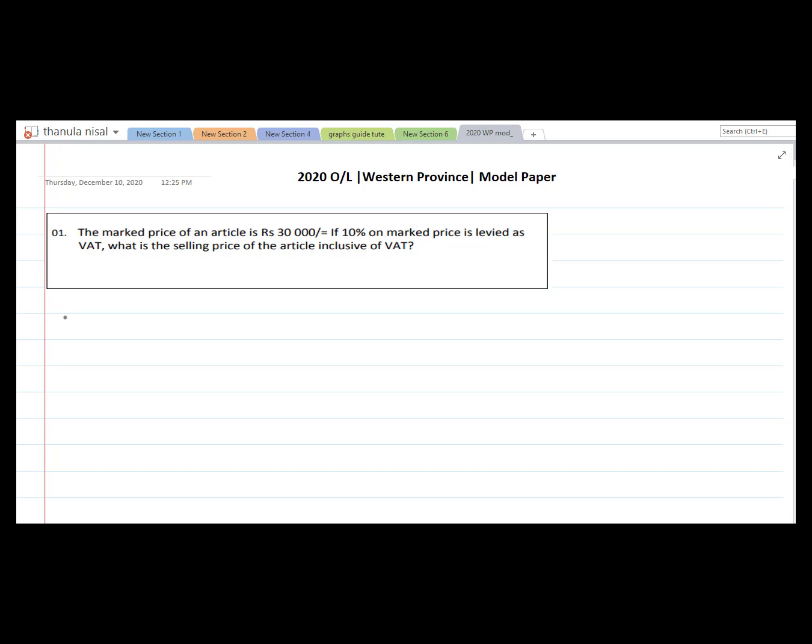First of all, let's find the amount of VAT, that is equal to 30,000 times 10%. That means by simplifying we can get 3,000.